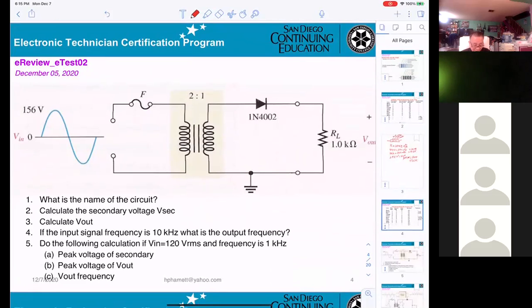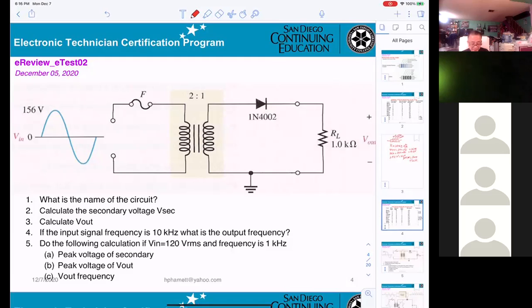First thing they will be asking is the name of the circuit. Half wave rectifier, right? Yes. Now they want the secondary voltage, V secondary.